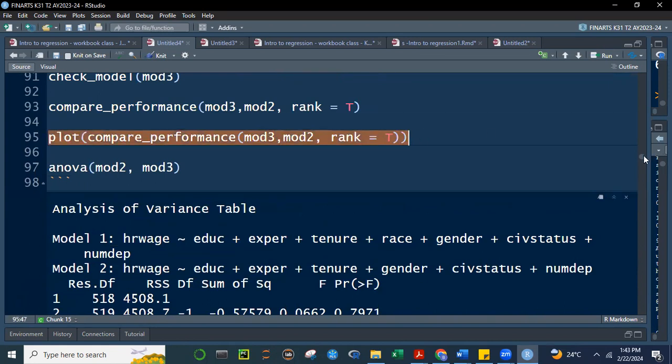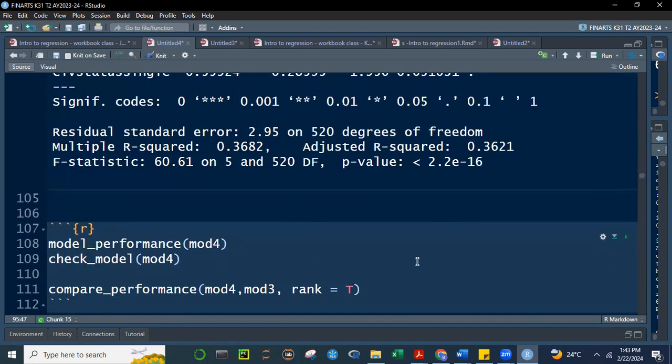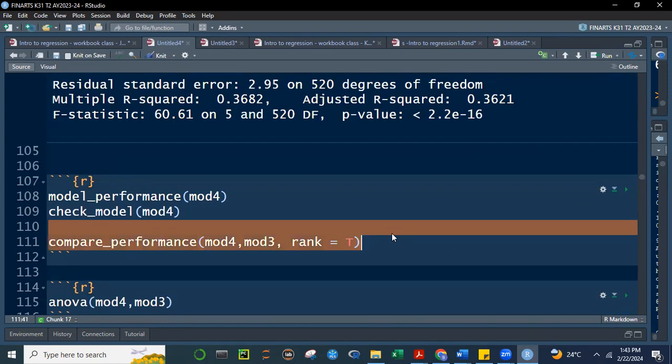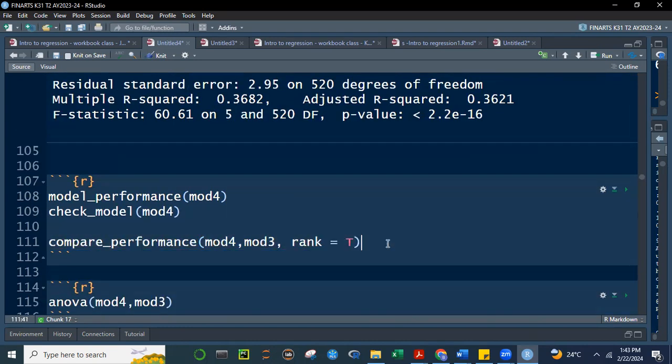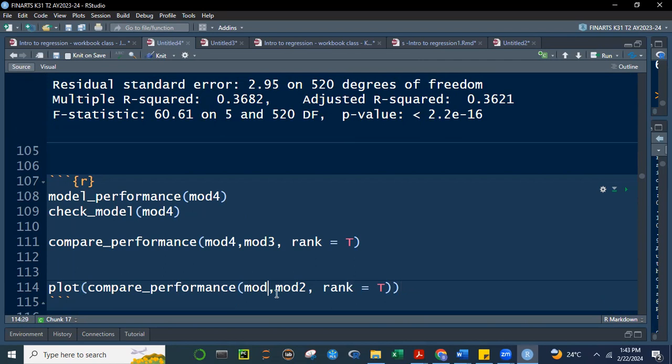Control C. I-plot natin, class, yung this one will be now model number 4. Model number 4. Okay, run this.